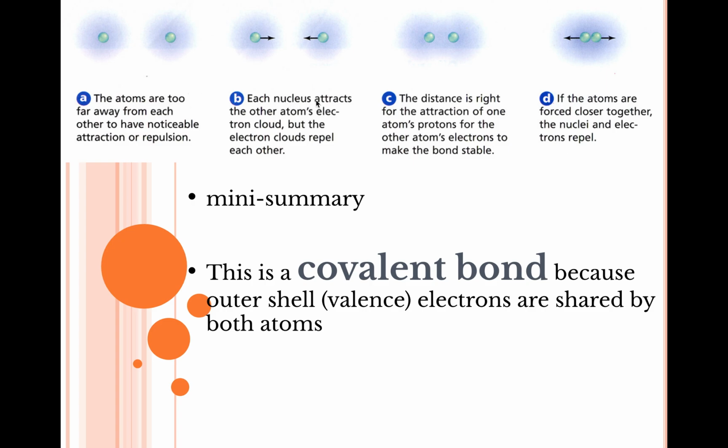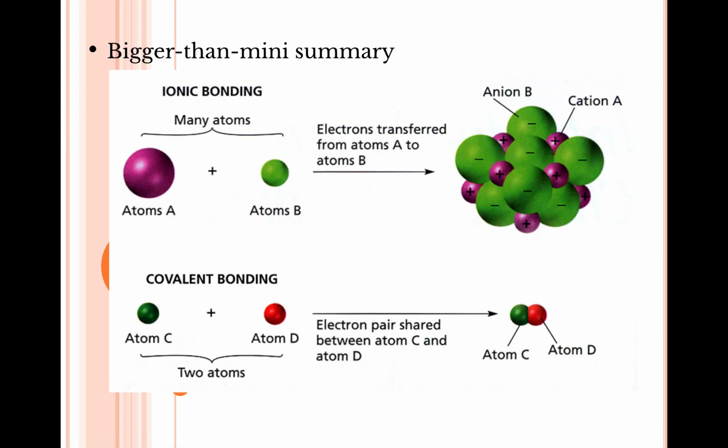Each nucleus is going to try to attract the electrons from the other one, but the electron clouds are trying to push apart. Once you get the right distance, everything's kind of balanced, where the electrons are shared and the push apart and come together forces balance each other out, and they end up keeping that position, and that's considered a covalent bond where they're sharing those electrons. What's most important, though, is that you realize covalent bonding is sharing electrons because both atoms involved need to gain electrons.